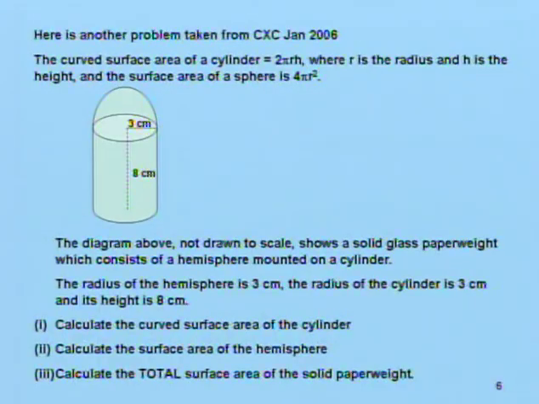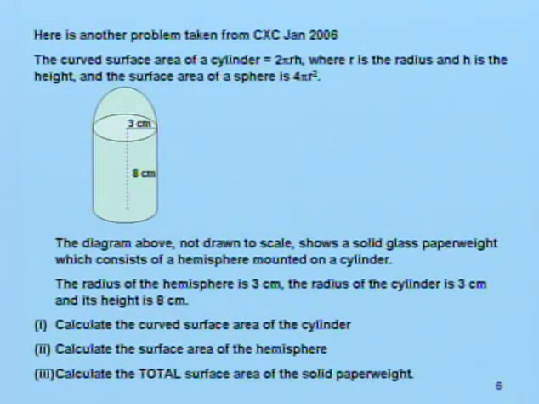Here is another problem taken from CXC January 2006. The curved surface area of a cylinder is equal to 2 pi RH. So you're given the formula here, where R is the radius and H is the height. And the surface area of a sphere is 4 pi r squared.